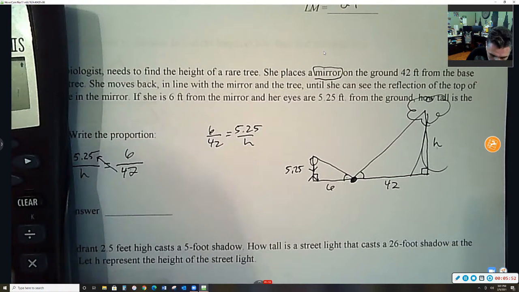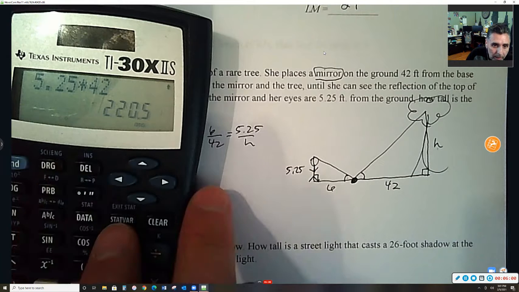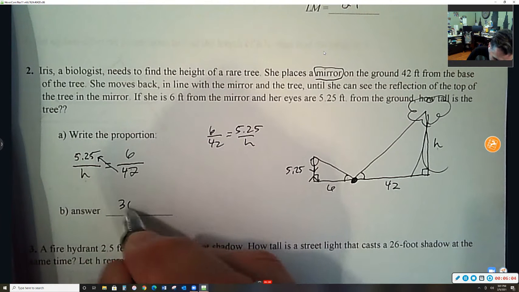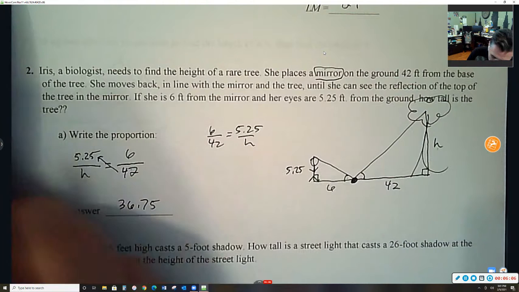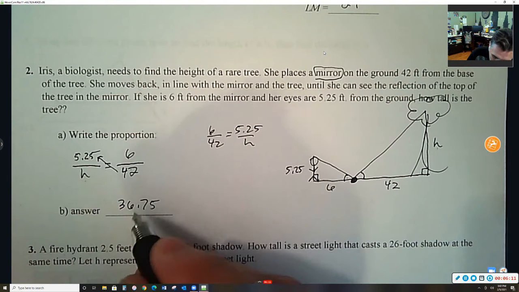So let's see. 5.25 times 42. Oh, you guys can't see that. But anyway, that's what we get. And then divided by 6. And you get 36.75. That would be her height, or the tree's height actually. 36.75 feet.